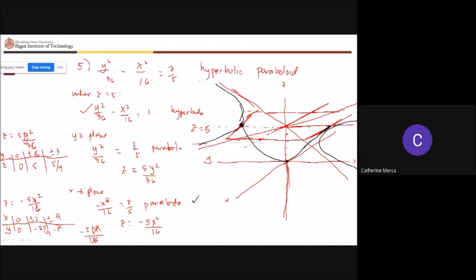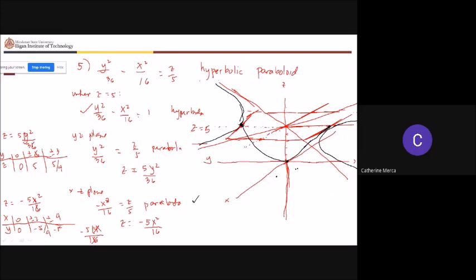When X is equal to plus or minus 2, Z goes down, negative 5 over 4, which is negative 1 and 1/4. So positive 2, negative 1 and 1/4, somewhere here. Also at negative 2, that's negative 1 and 1/4, it's here.